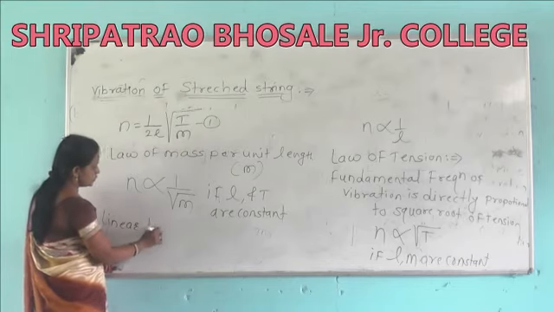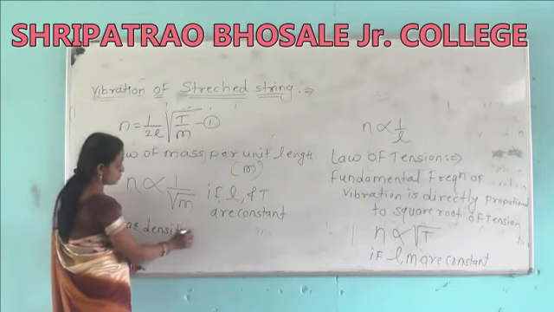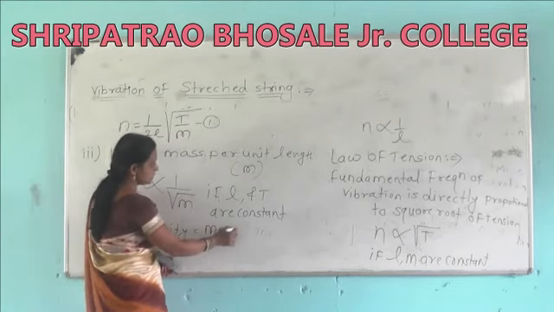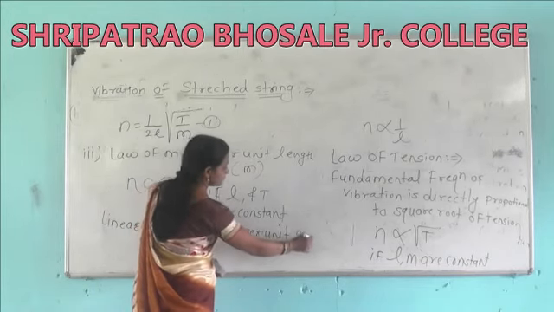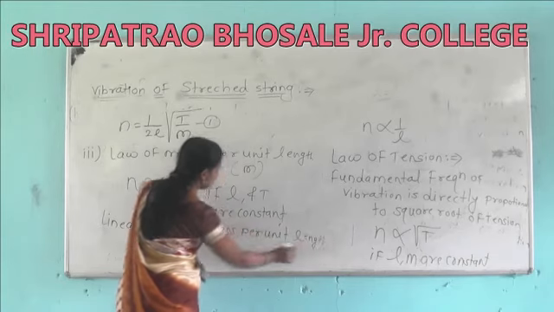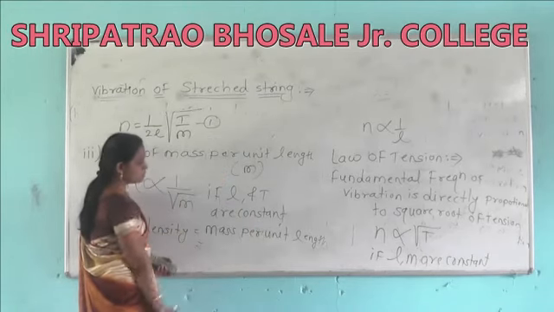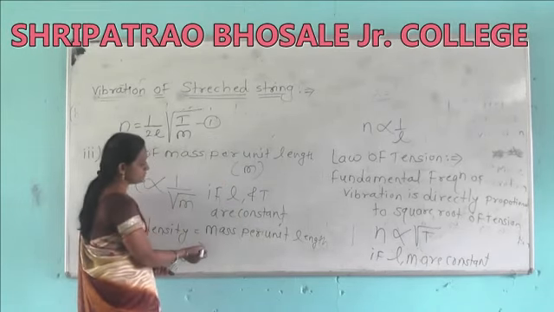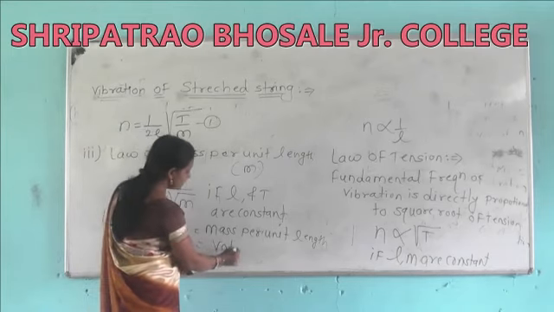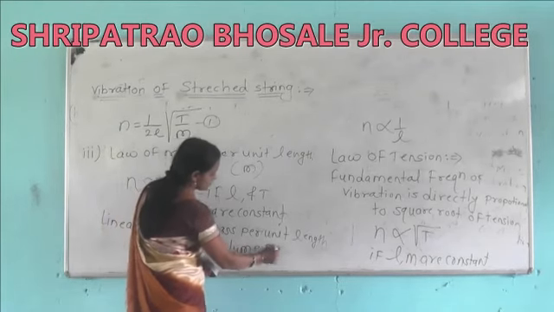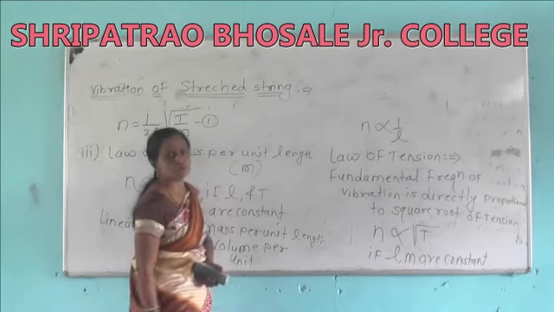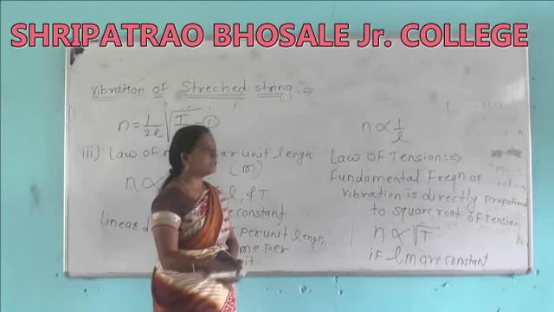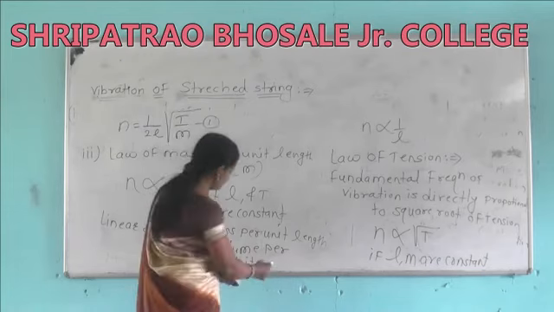Then linear density is equal to mass per unit length. We know that density is equal to mass divided by volume, so mass is equal to density into volume.